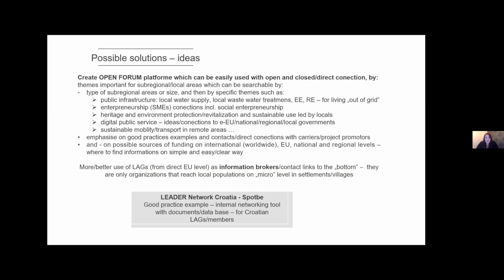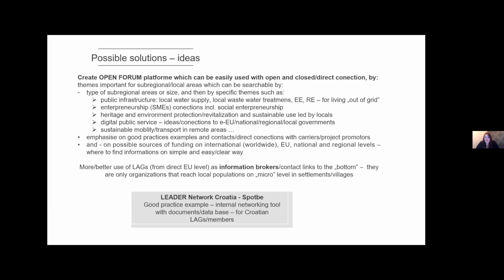So we're giving a small suggestion how to create an open forum as a simple tool that could be searchable by sub-regional areas or size and specific themes, something like Ms. Sarabianchi said. There could be projects about public infrastructure, ideas for SMEs, heritage and environment, digital public services, and sustainable mobility and transport.